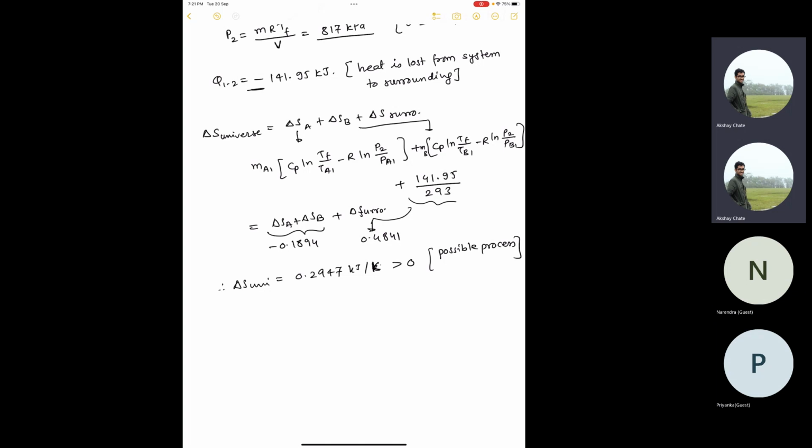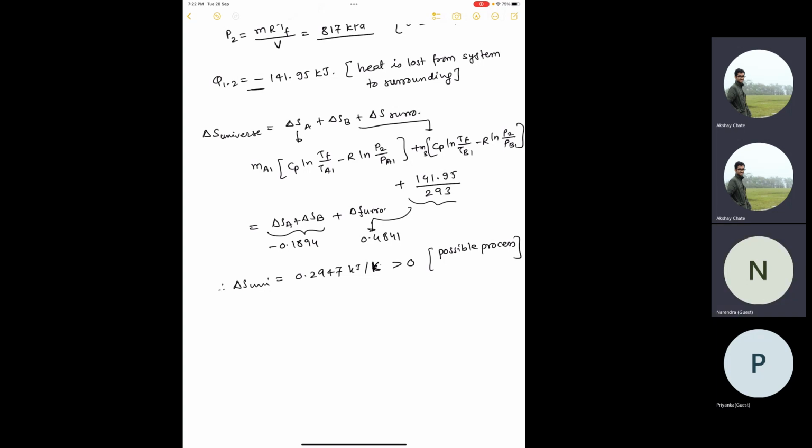Anyway, they have done it this way, but one way I was thinking is, see, you have water at 10 degrees Celsius. To make it an ice cube at, let's say, 0 degrees Celsius, how much heat do you need to take out? That will be m Cp delta T plus m hfg, right? You have 0.25 kg water, and you can take Cp as 4.18.